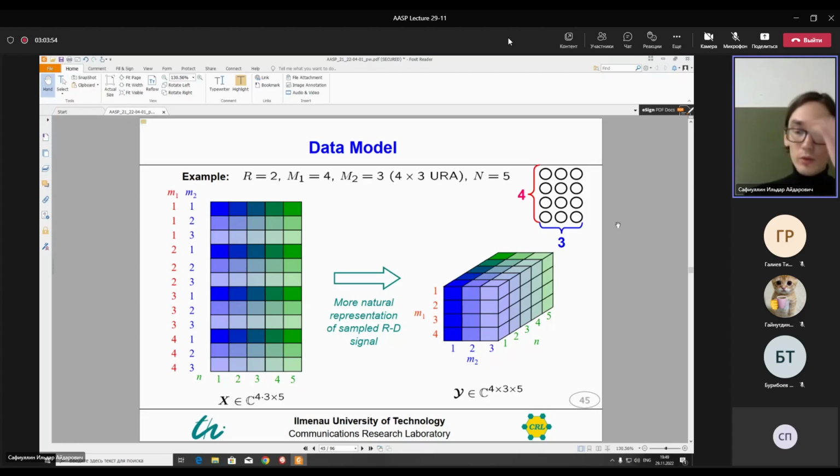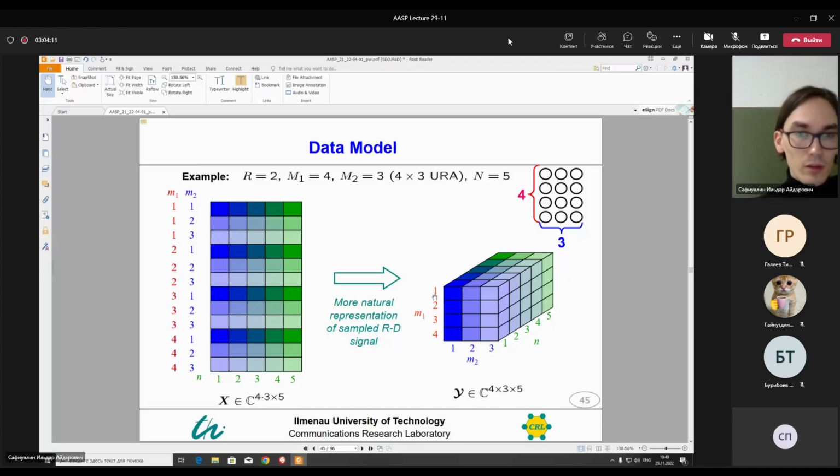So it is our uniform rectangular array, and we need to collect 5 snapshots. If we collect it as a tensor, we will see something like this one.